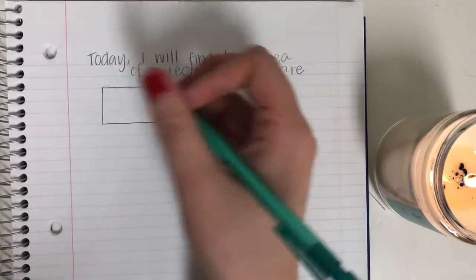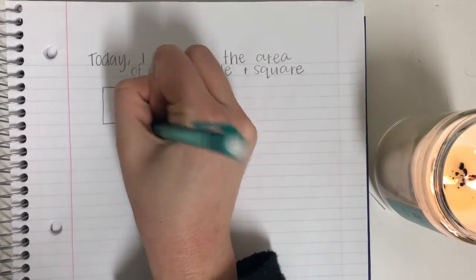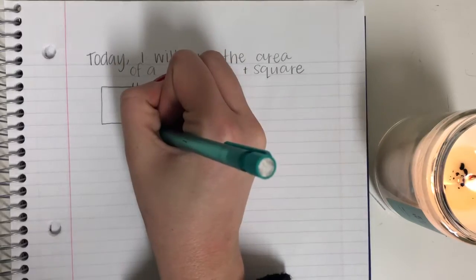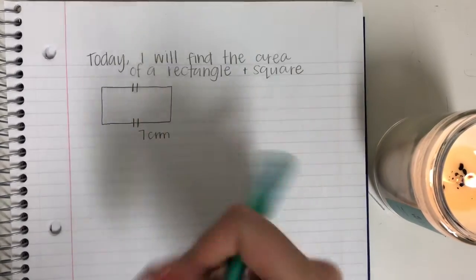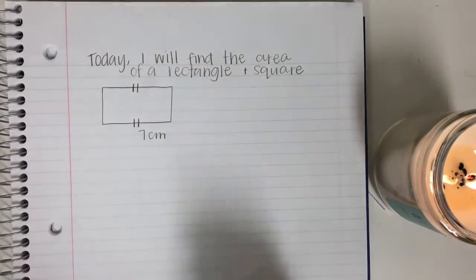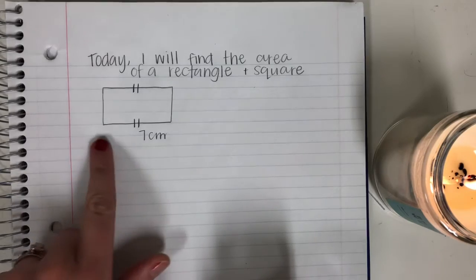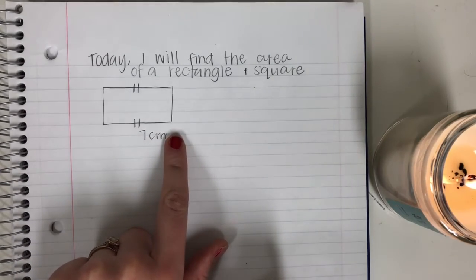So for example, these two sides are equal. Let's say they're both 7 centimeters. So let's just say if you measured that rectangle, this whole length would be 7 centimeters. Okay, they're congruent, they are the same.